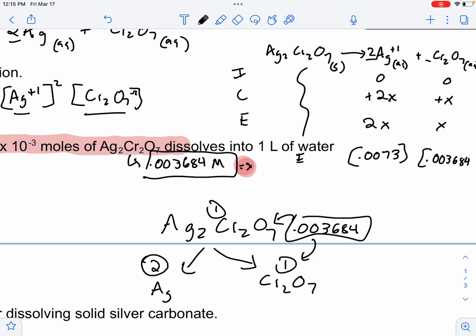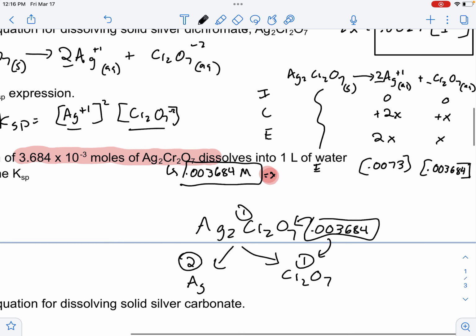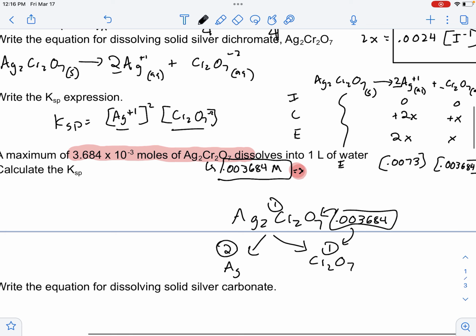So with that understanding, we know our equilibrium concentrations of our products now. So it's 0.0073 and 0.003684. So now we're going to plug this back into our equation.